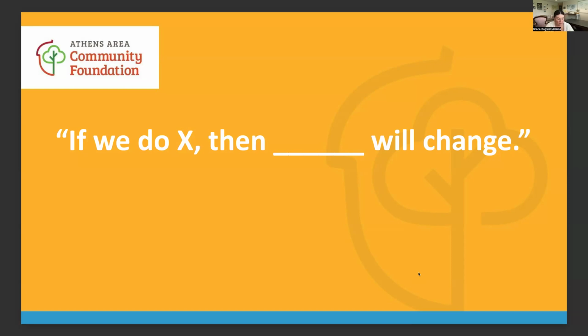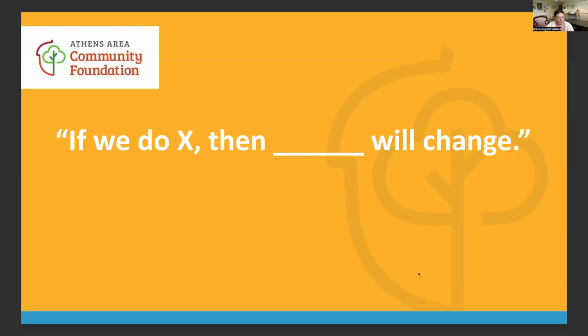Another thing is that an if-then statement can be used to connect outputs to outcomes. We're going to talk in a second about how outputs are different than outcomes. I think if you take anything away from this lecture, it's helping you understand the difference between those two things, outputs and outcomes. But I think an if-then statement can really help you connect an output to an outcome.